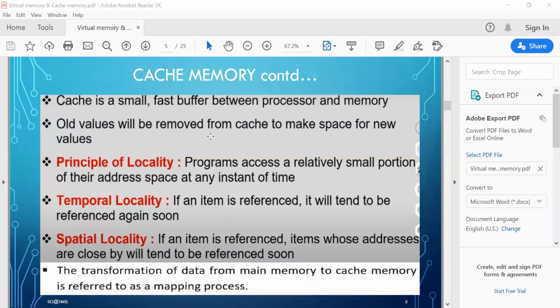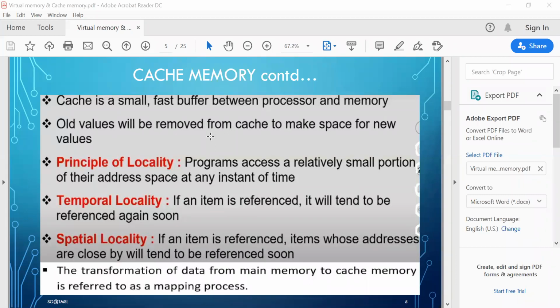If you have created a loop, certain instructions are executed repeatedly. So this loop tends to localize the references to memory for fetching the instructions. That is called the locality of reference.